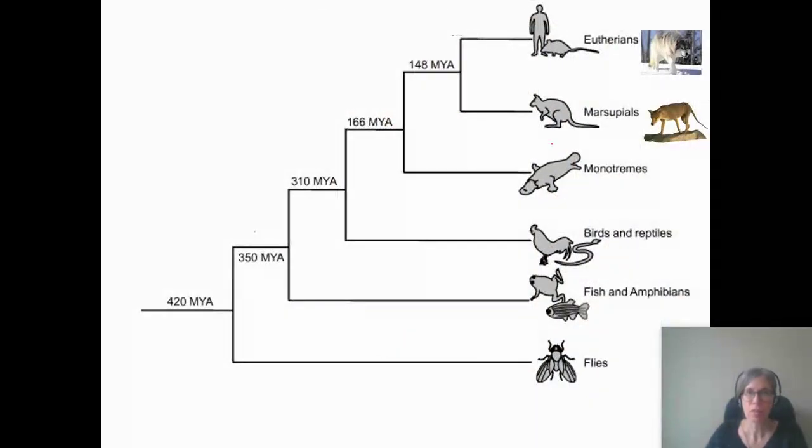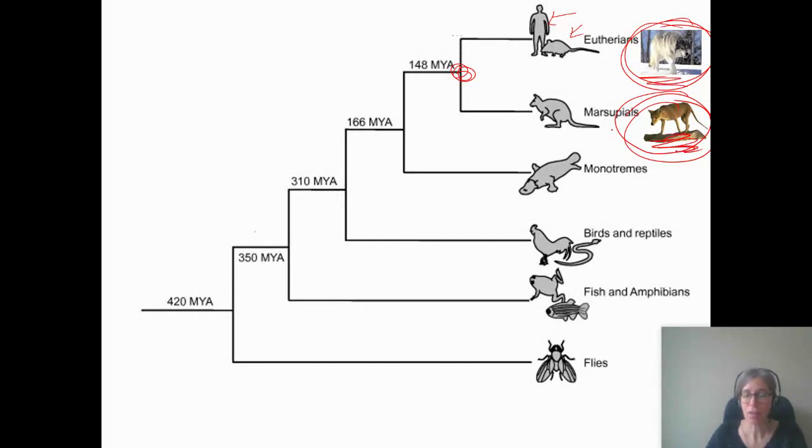So this is the cladogram, or the phylogenetic tree of the marsupial Tasmanian wolf versus the gray wolf. And so you can see the gray wolf is actually more closely related to you and to a mouse than it is to this marsupial. They do have a common ancestor, but it was a long time ago, and their common ancestor didn't look anything like they do, and therefore their structures are convergent.